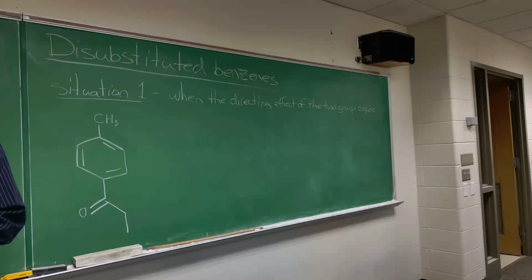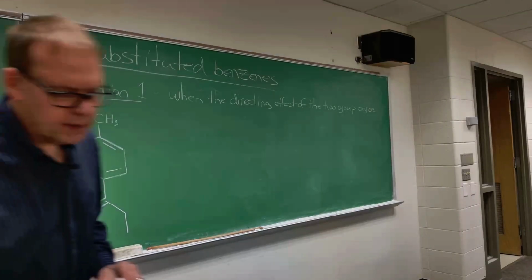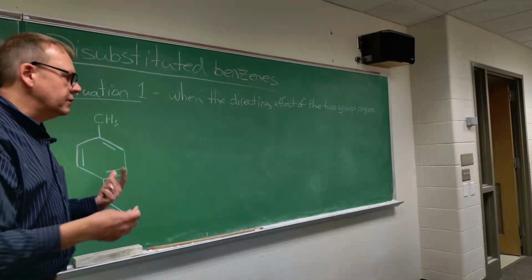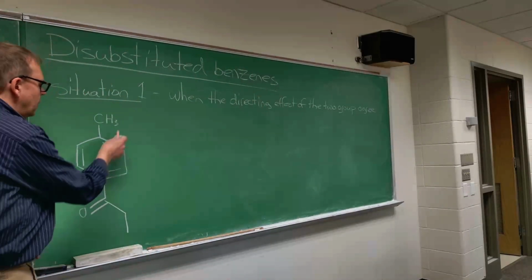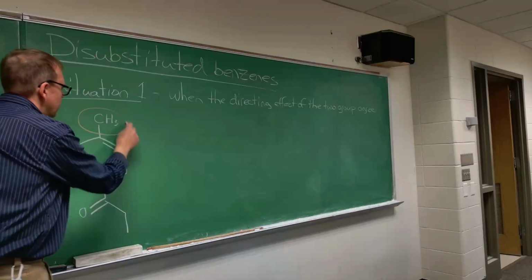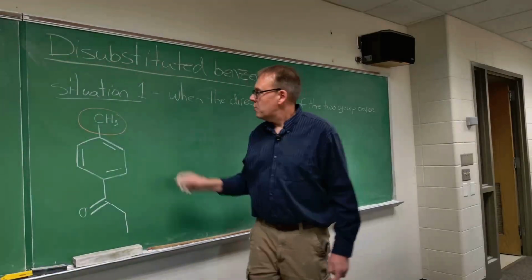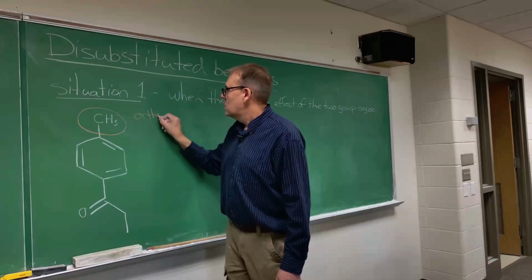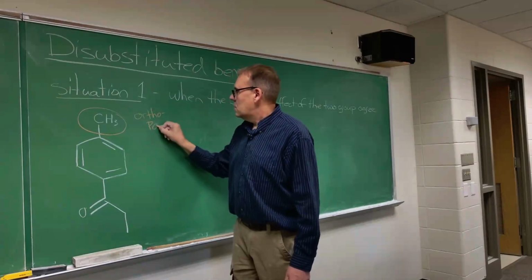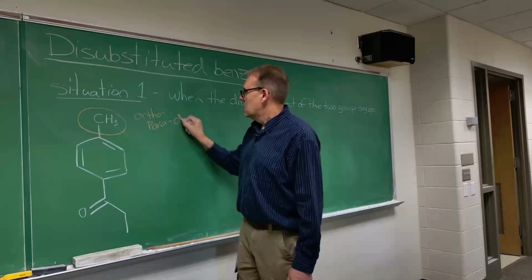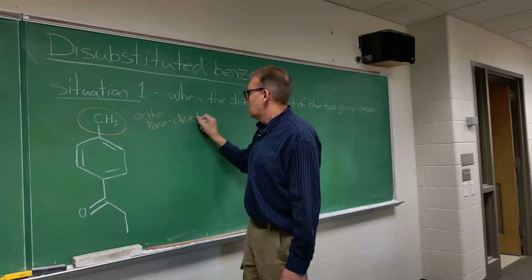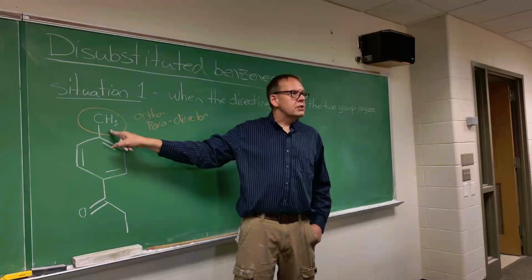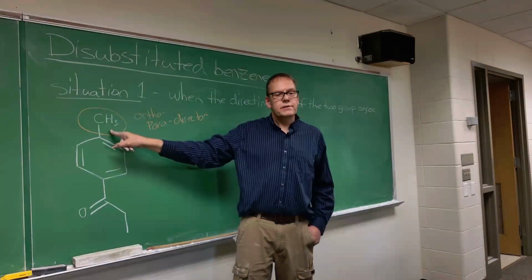That's one of the things we're going to talk about in examining different scenarios, is that you just have to look at each one individually. So the CH3 group is an ortho-para director. From the methyl group's perspective, it wants the reaction to happen at the positions ortho and para to it.